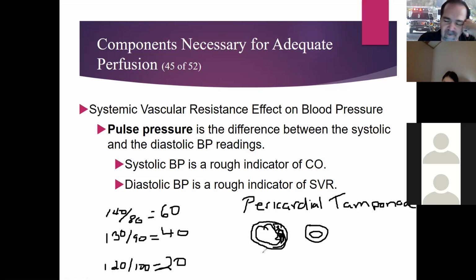So one thing you're going to be able to determine is, if you take three blood pressures, this will be the first one, this will be the second one, and this will be the third one. If you notice a decrease in pulse pressure, if the pulse pressure gets smaller, then there's a good chance they might have pericardial tamponade.